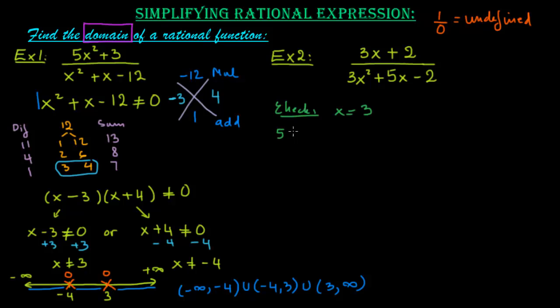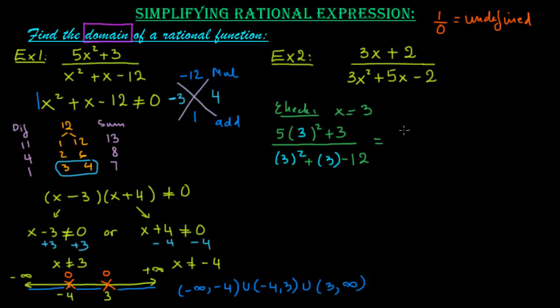So we have 5x squared plus x, where x will be replaced by 3: 5 times 3 squared plus 3, divided by the bottom part, x squared again, so that would be 3 squared plus x, which means plus 3, and minus 12. So plus 3 minus 12.